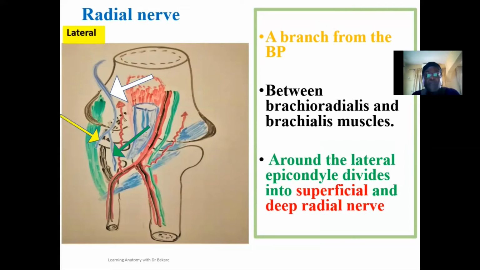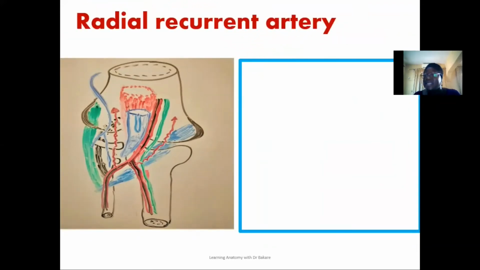Then also to add that we have the radial recurrent artery, as we have the anterior ulnar recurrent artery on the medial side. On the lateral side, we have the radial recurrent artery, and this is the radial recurrent artery. The radial recurrent artery emerges from the radial artery. Remember, we said that the radial artery is a subdivision of the brachial artery.